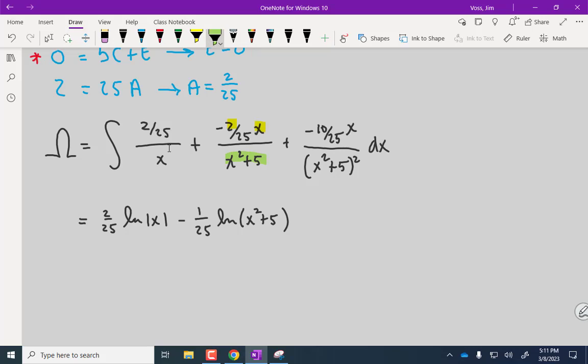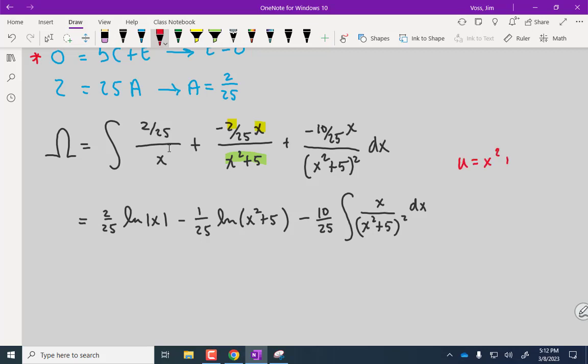All right, perfect. Now we just have one pesky one: 10 over 25 integral of x divided by x squared plus 5, quantity squared, dx. What technique would we use for that? U-sub.